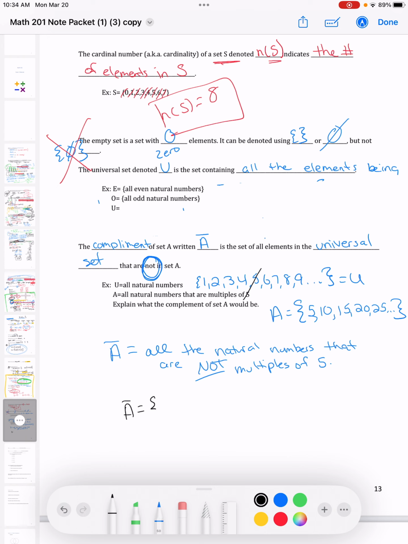So in listing notation, we won't see 5. It'll just skip over it. We won't see 10. We won't see 15, and it would keep going. So that's our complement, everything that's not in a set.